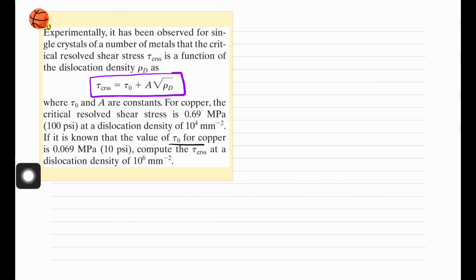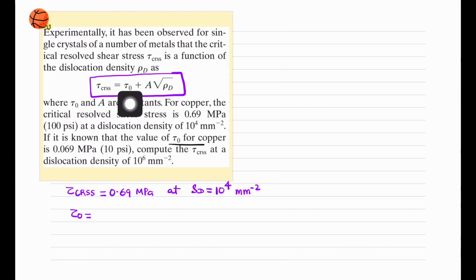So let's do it. What information do we have? We have the critical resolved shear stress value tau CRSS, that is 0.69 megapascal at a dislocation density of 10 to the 4 inverse millimeter square. Next, we have the value of tau naught, one of the constants in this relation, which is 0.069 megapascal.